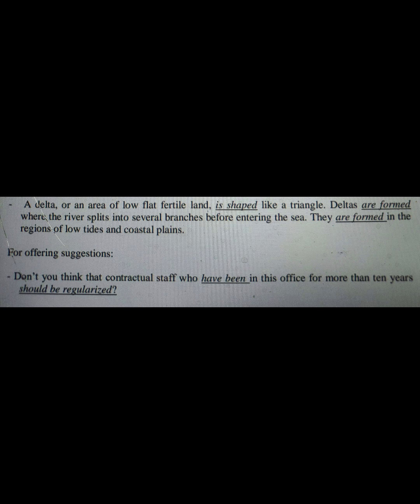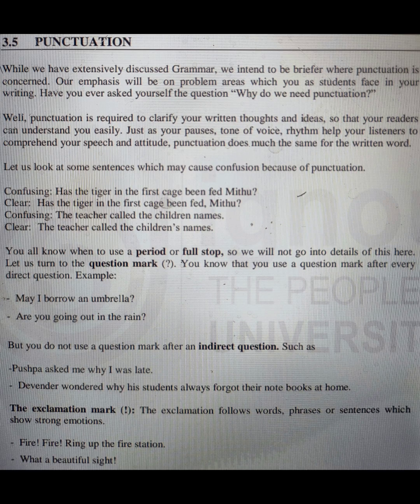Deltas are formed where the river splits into several branches before entering the sea. They are formed in the regions of low tides and coastal plains. For offering suggestions, don't you think that contractual staff who have been in this office for more than 10 years should be regularized?